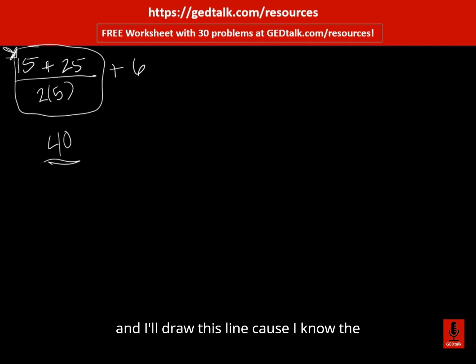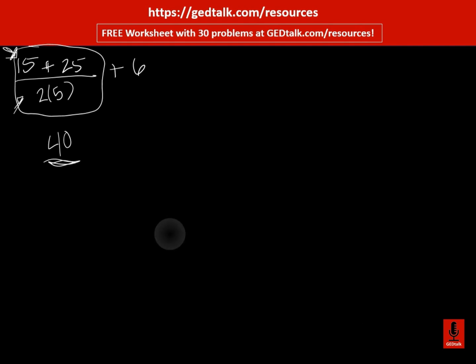And I'll draw this line because I know the next thing I'm going to do is go down to the denominator. And I'm going to say 2 times 5 is 10. And so now we have 40 over 10 plus 6. So 40 over 10, or 40 divided by 10, is going to be 4, plus 6 equals 10.